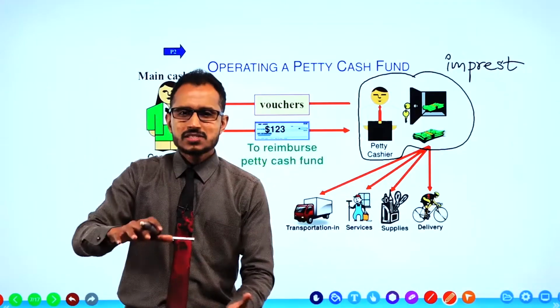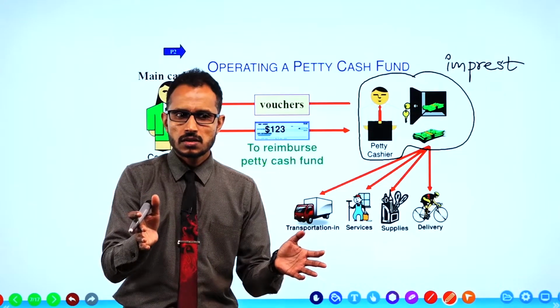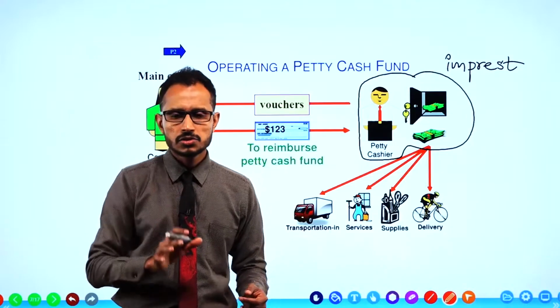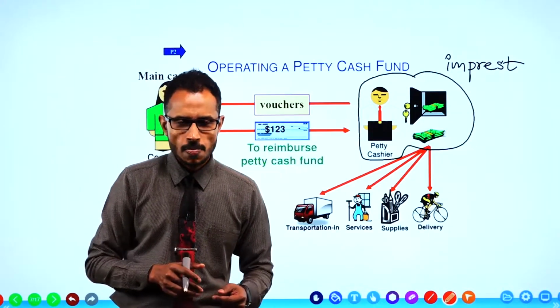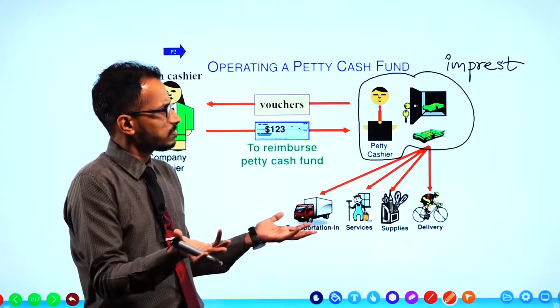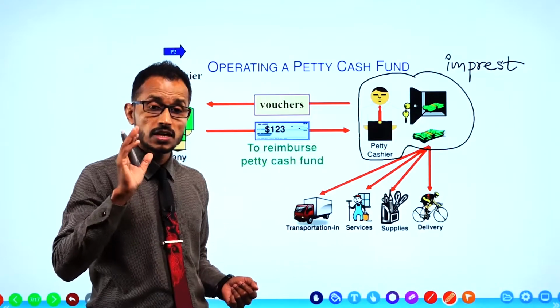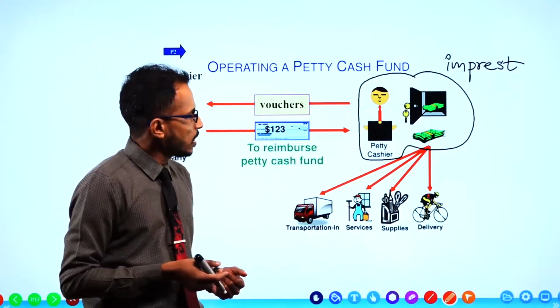In a smaller business, like a business having only one branch, maybe in the petty cash imprest they keep 10,000-15,000. The imprest amount could differ.